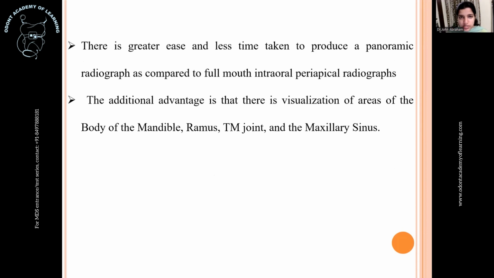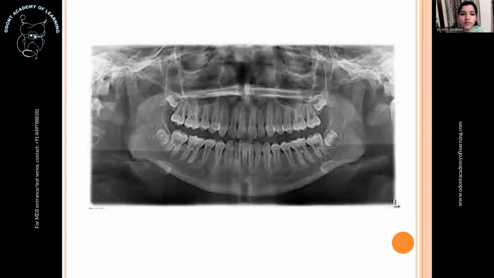So this entire structure can be seen and evaluated, and both the right and left sides can be compared as well. So this is a picture of panoramic imaging where you can see your entire maxilla, mandible with the dentition and the associated structures such as your TMJ, your antrum, and your entire body is being visualized.